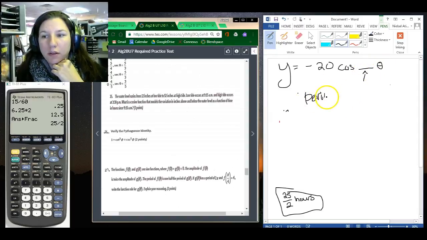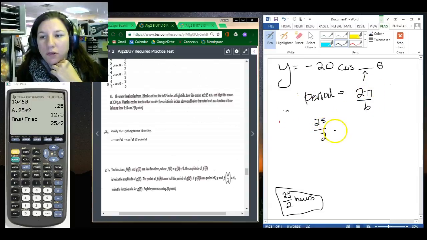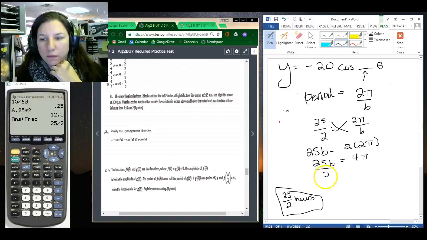Our period is equal to 2 pi over b. So our period is 25 over 2, and we're saying that's equal to 2 pi over b. So let's cross multiply. 2 times 2 pi. So b is 4 pi over 25.